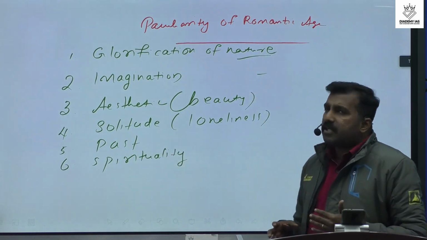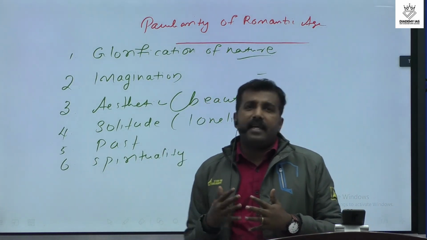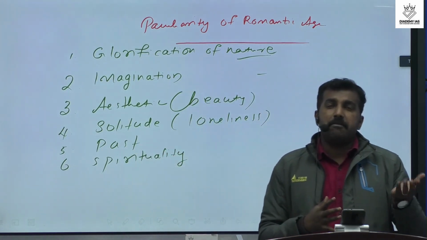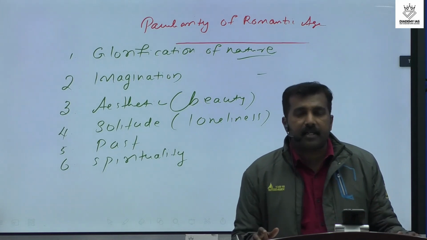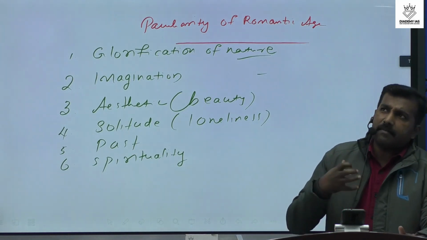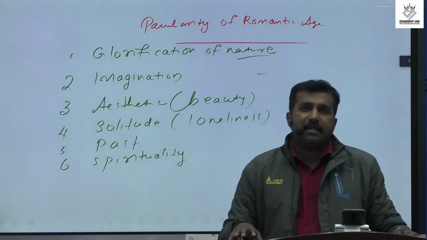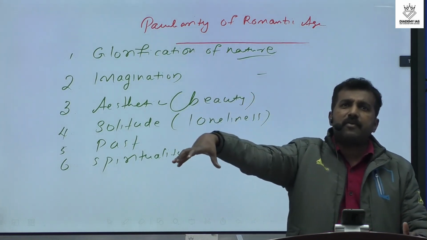So in case of the Romantic age, the literary works were mainly not based on religion, but on spirituality. Spirituality means something beyond the religious meaning, not in a restricted way.